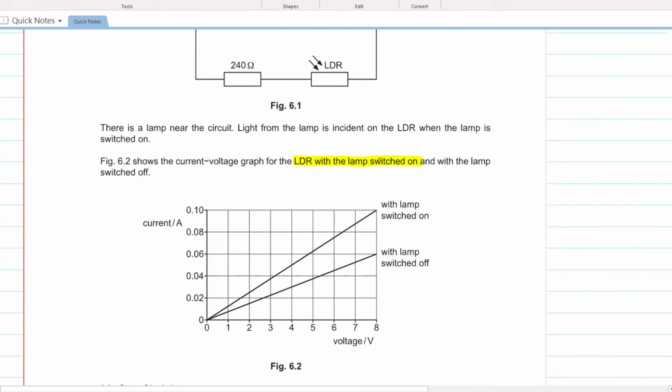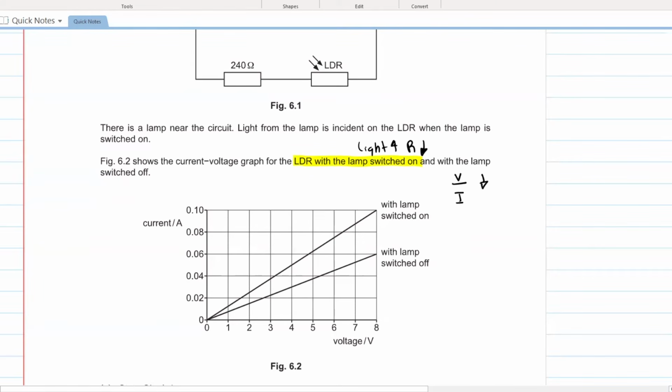If the lamp is switched on, the light intensity increases, so the resistance of the LDR will be less. If the resistance of the LDR is less, what will happen to the voltage over current ratio?